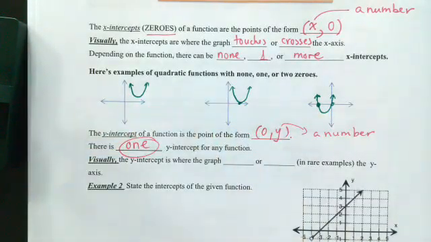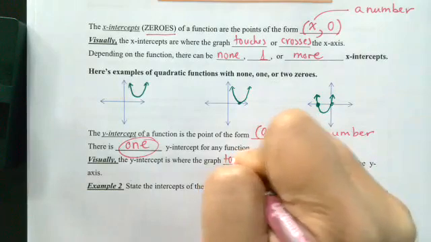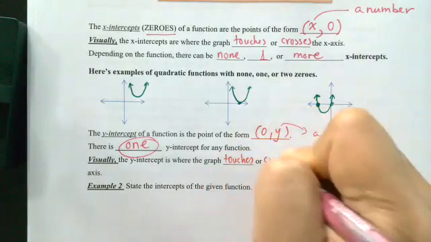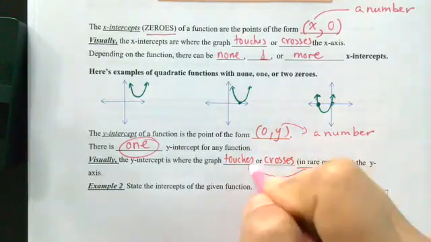There's only one y-intercept. You cannot have multiples, just one for a function. Same thing visually, the y-intercept will be crossing or touching the y-axis. The other way around, in rare example, it flipped them.